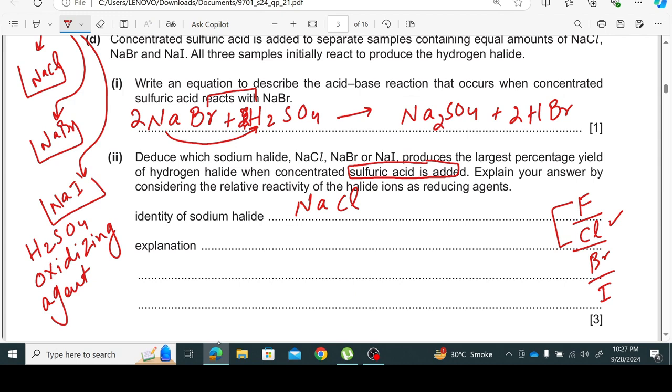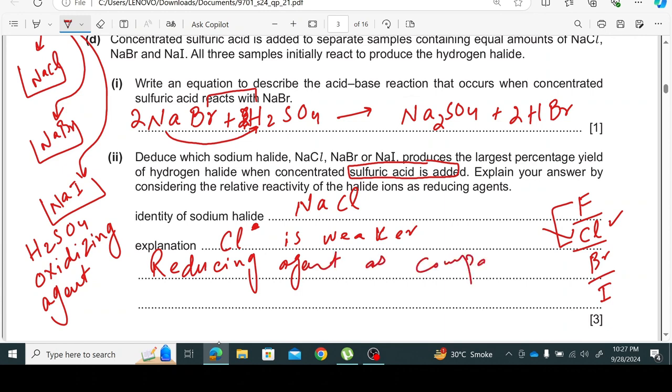So you can write here: because chlorine is a weaker reducing agent as compared to bromine and iodine. If it is a strong oxidizing agent, you write that it is a weaker reducing agent. That is the reason it makes more hydrogen halide.